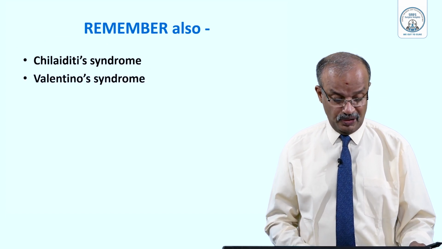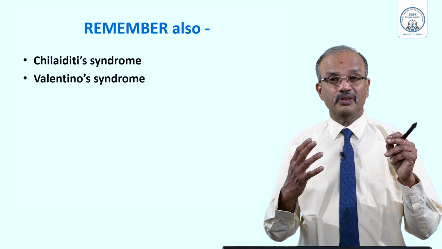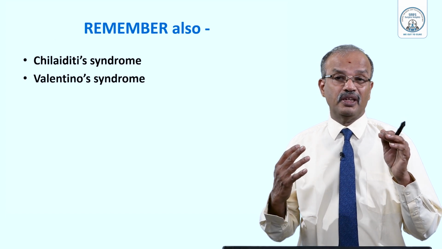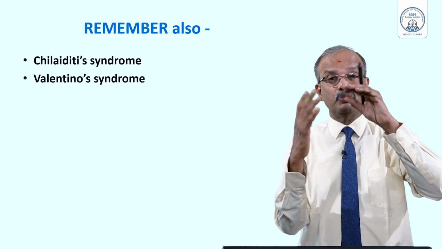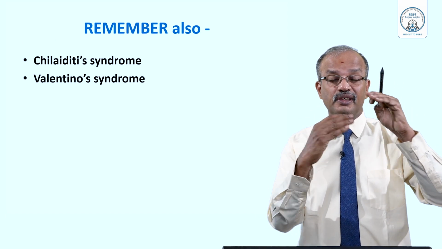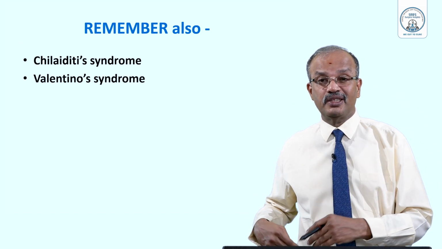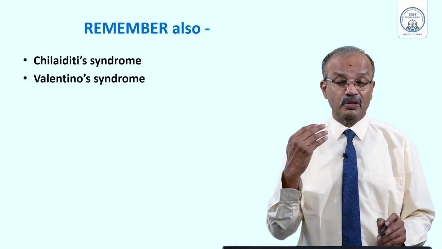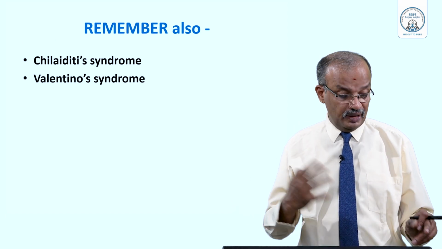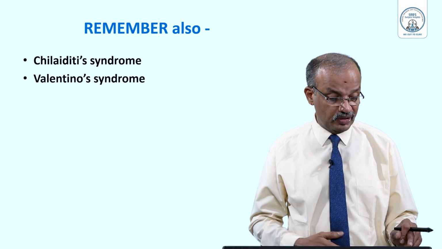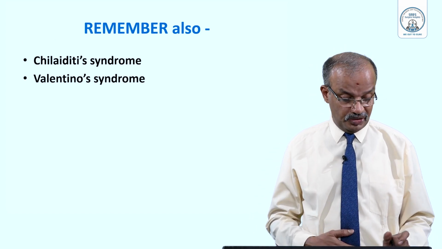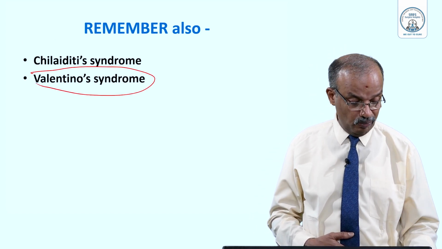And Valentino syndrome also, because it clinically presents as appendicitis, so somebody does appendicectomy, but actually it is a duodenal ulcer perforation where pus trickles along the right paracolic gutter and presents as pain in the right iliac fossa, and the perforation may be missed, and patient may die of peritonitis because you have removed only the appendix without identifying the perforated duodenal ulcer. So that is called Valentino syndrome, which you have to remember.